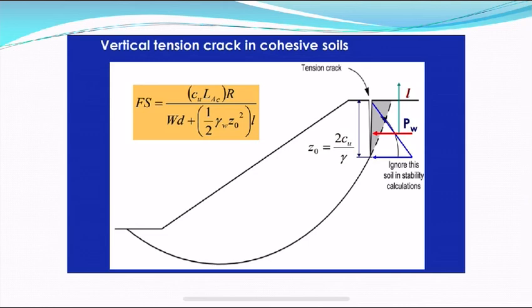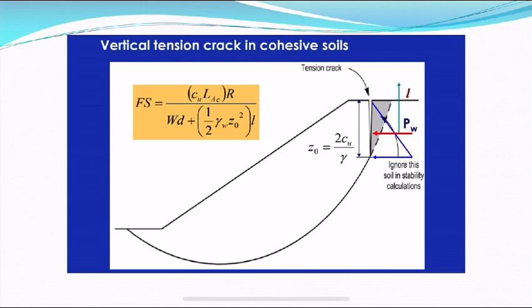For a clayey soil where phi is equal to 0, we can say that c is equal to Cu and K is equal to 1. At the point where the pressure becomes 0, Z is equal to 2Cu by gamma, which is the depth of the tension crack.